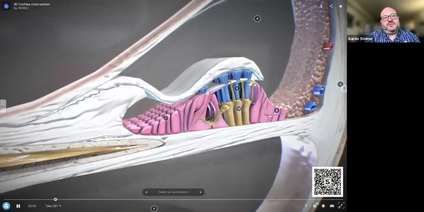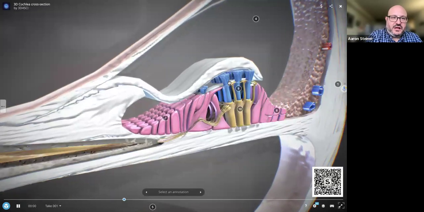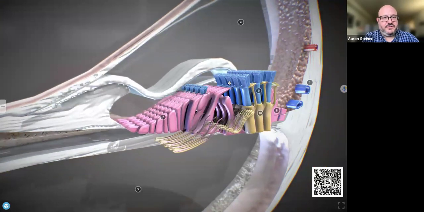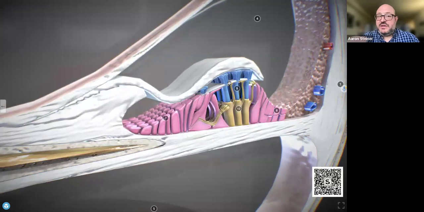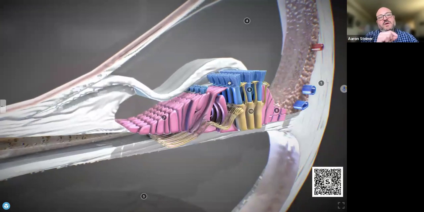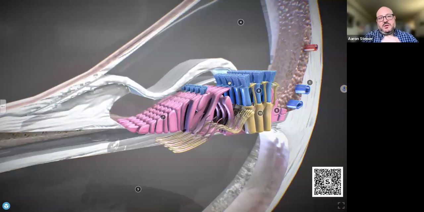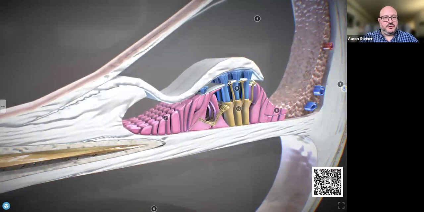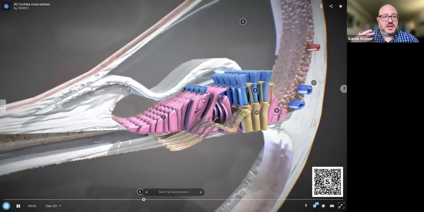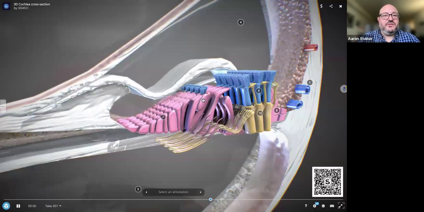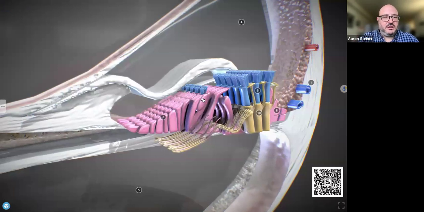So if we can understand how the fish replace those cells throughout their lives, which they can do naturally, but mammals cannot, we can't replace those cells normally. If we can figure out how the fish is doing it, because the fish has so much similarity to humans genetically and otherwise, maybe we can learn how to replace those lost hair cells in the human ear and actually restore hearing to those who have lost their hearing.